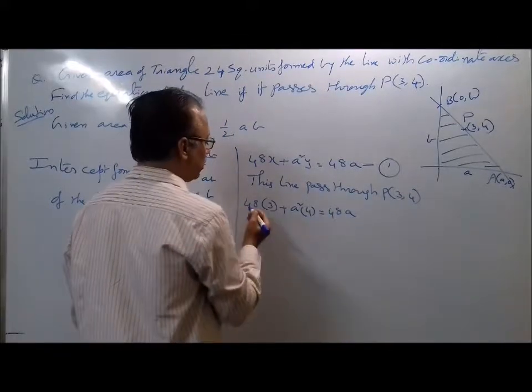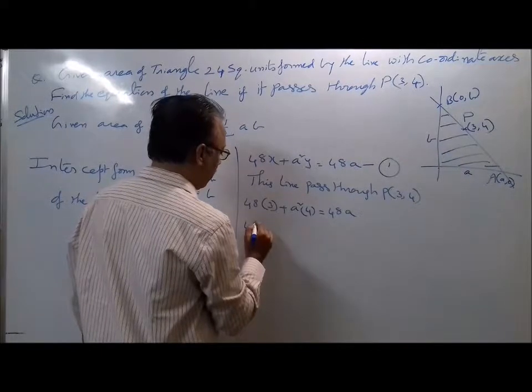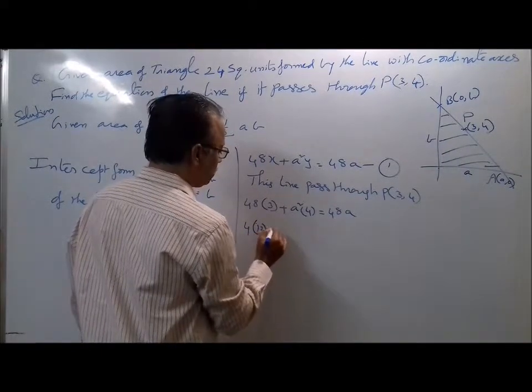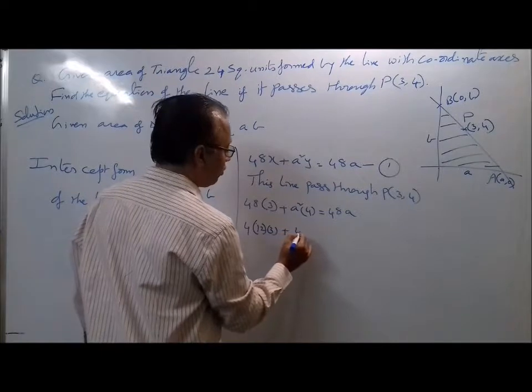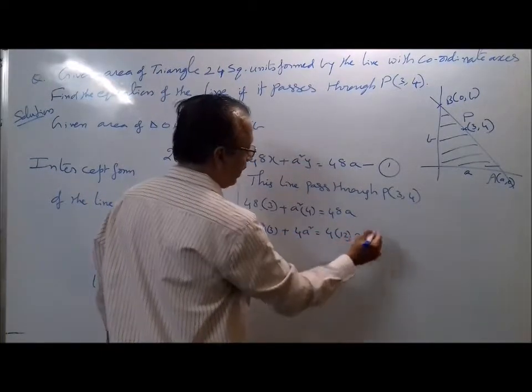So I take 4 common throughout: 4 into 12 into 3 plus 4A square is equal to 4 into 12A.